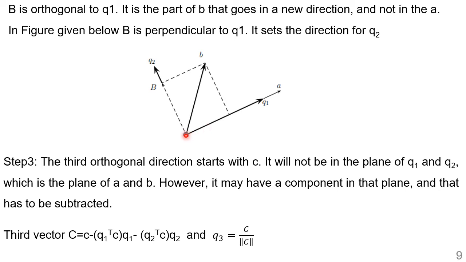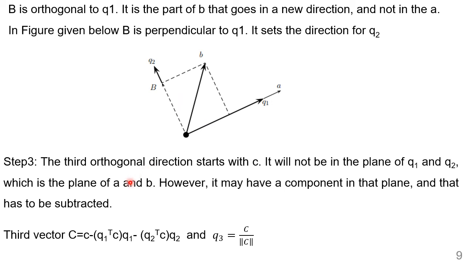First I need to calculate a component B' in such a way that it is orthogonal to Q1. Once I compute this B', I divide B' by its length in order to get the vector Q2. And we can see that Q2 is orthogonal to Q1.